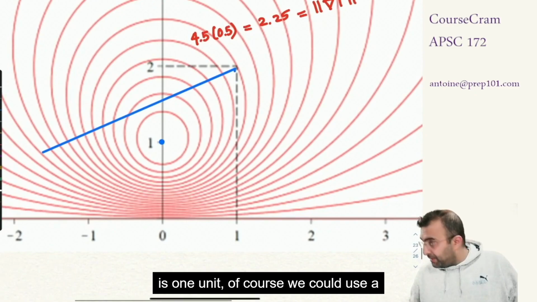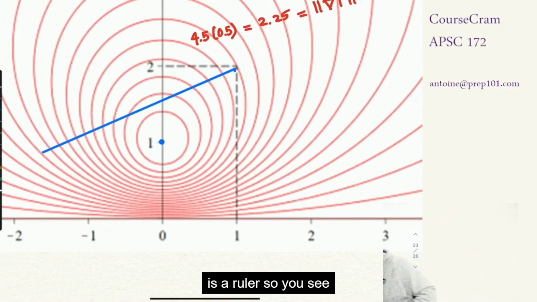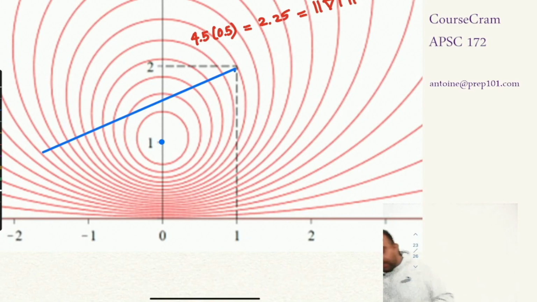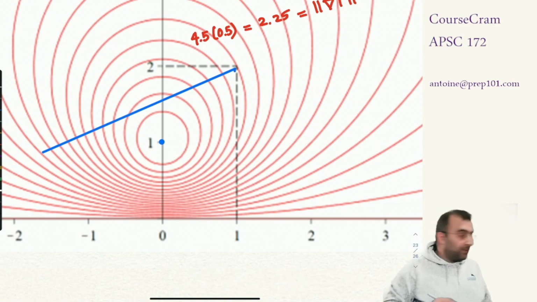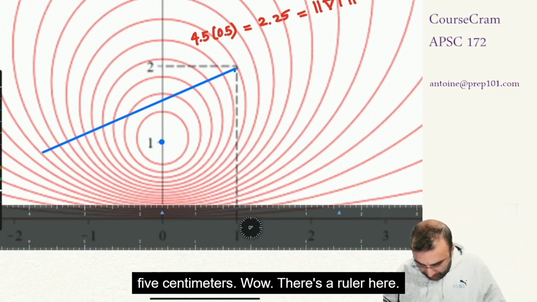So if this is 1 unit, of course we could use a ruler. So let me see if I can find the ruler. I can't find the ruler. Hold on. There's a ruler here. Here we go. So what's 1 unit at this level? It's 5 centimeters.